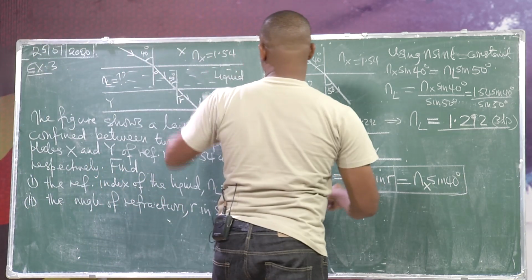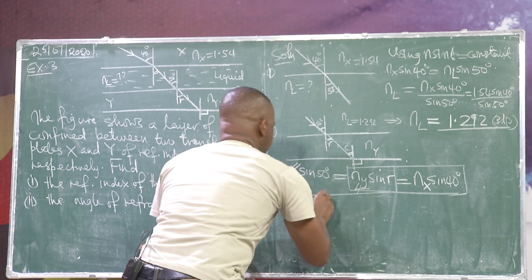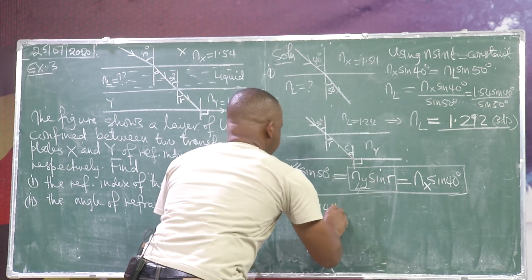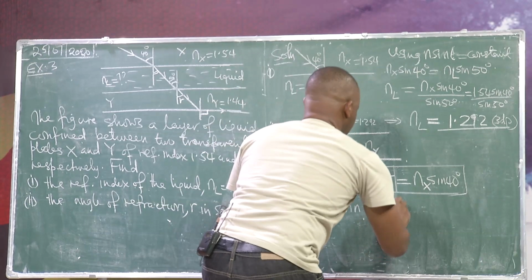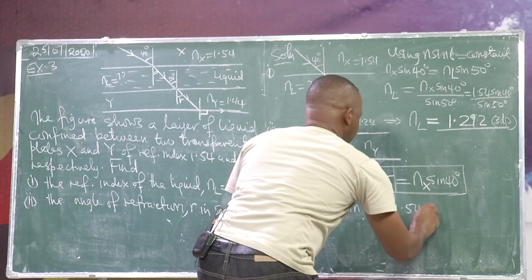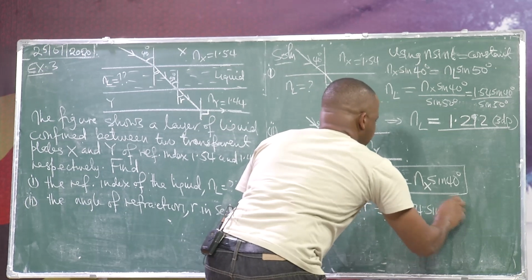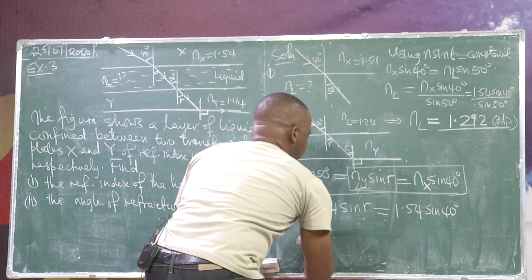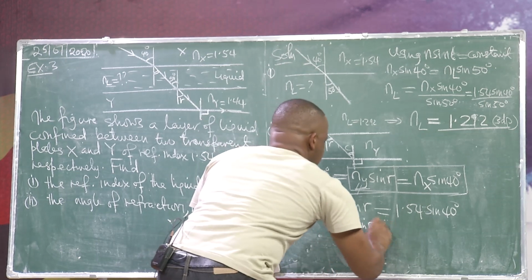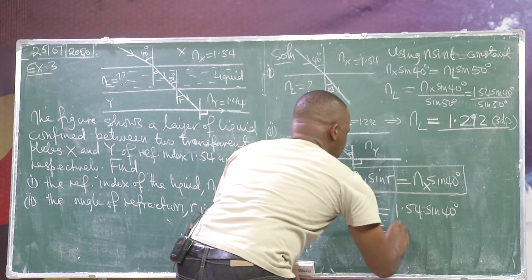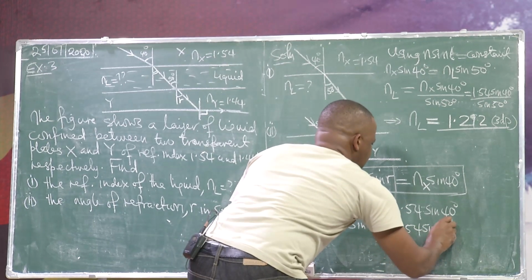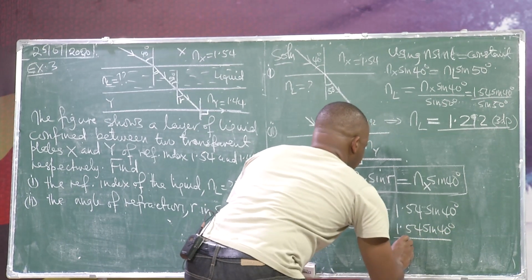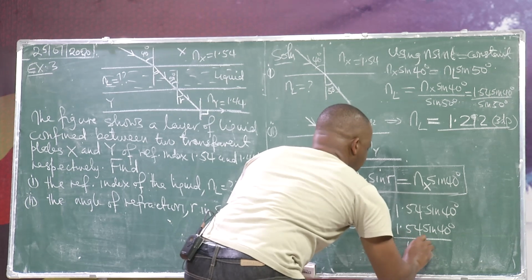Therefore, if we substitute our nY, that means our 1.44, the sine of r, which we are looking for, should be equal to our 1.54 times the sine of 40 degrees. And if we compute by making sine r the subject, we shall get 1.54 times the sine of 40, divided by 1.44.